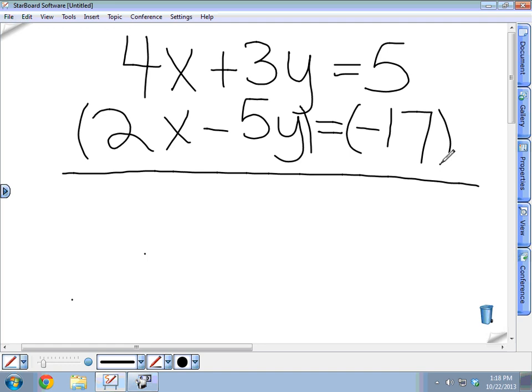So the idea is if I want to eliminate a variable, I'm going to have to multiply both sides of the equation by some number in order to make them drop out.